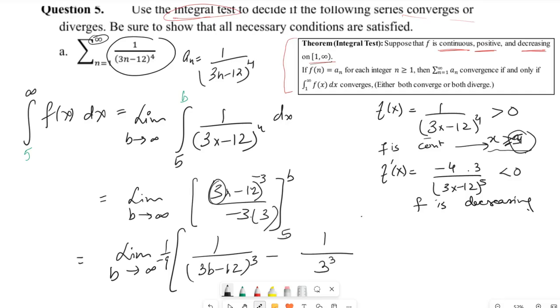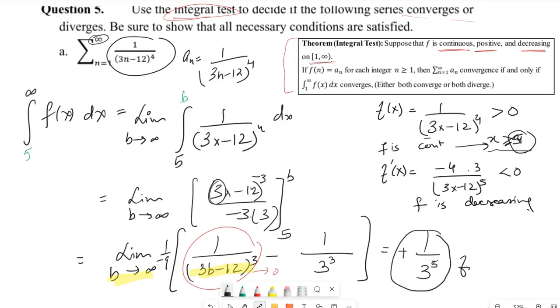3 to the power 3. Now you guys notice when b approaches infinity, this becomes infinity, so the whole thing approaches 0. So what do we have? We have 1 by 9 times 27, basically 3 to the power 5, with the positive sign. The integral is finite.